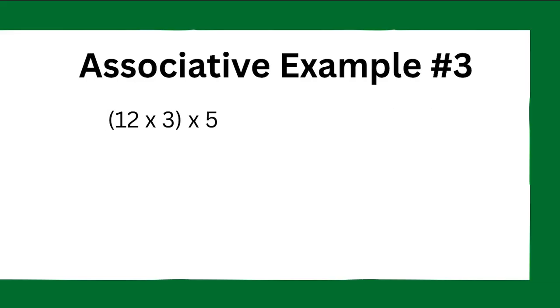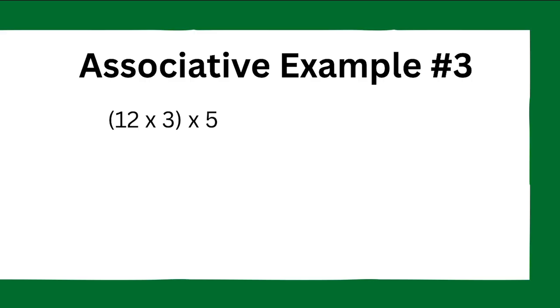So I have 12 times 3 inside the parentheses and 5 on the outside. Now, because I do have that, and I don't want students to get confused here, since I do have that multiplication sign on the outside of parentheses, I am multiplying. I am not distributing it. That is distributive property, and this is associative property. So make sure you don't make that mistake.